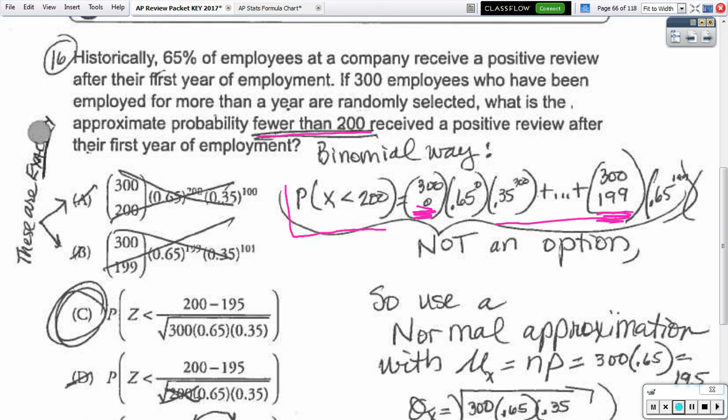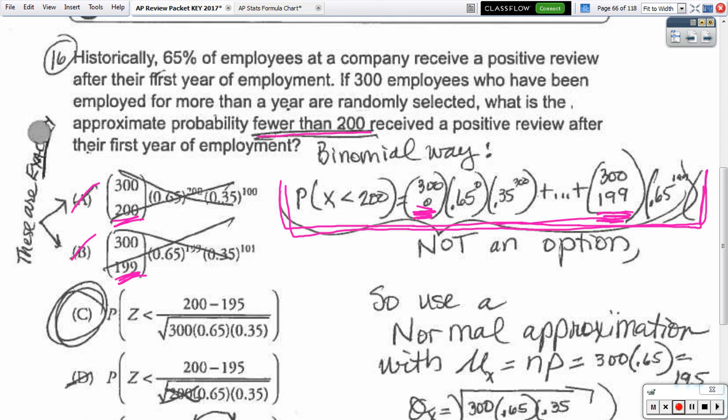This should be the work you are looking for if this was done in a binomial way. And none of the options are there for that. A and B just give you exactly 200 successes or exactly 199 successes.